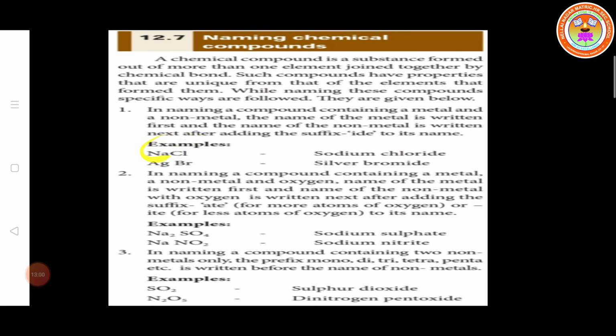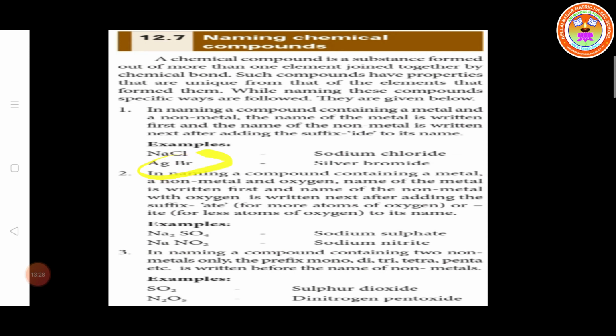First you write sodium, second is chlorine. For the ending of chlorine you add ide: chlorine, the ine is eliminated and ide added, chloride. So the name is sodium chloride.